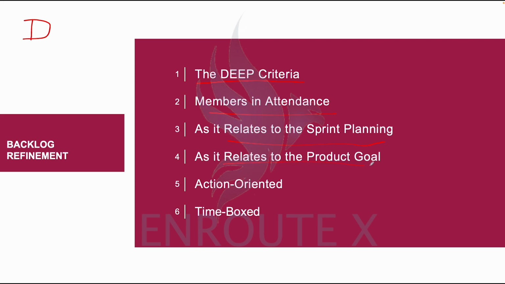And of course, it focuses on the product goal still, because the product goal is what the stakeholder wants you to deliver. And I've also mentioned the actions that we undertake in it and time box of the backlog refinement.